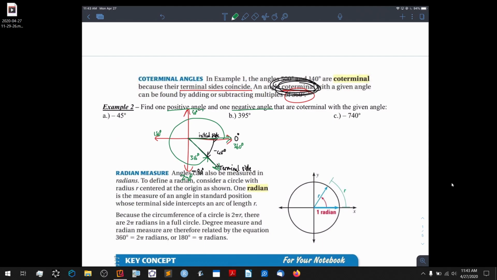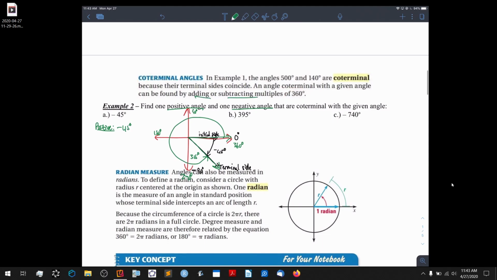Now what they told you is for the positive coterminal angle, you just do this: negative 45 degrees, and to find your coterminal angle, you can just add or subtract multiples of 360. So if I add 360, I just get 315 degrees, but that's what we drew.